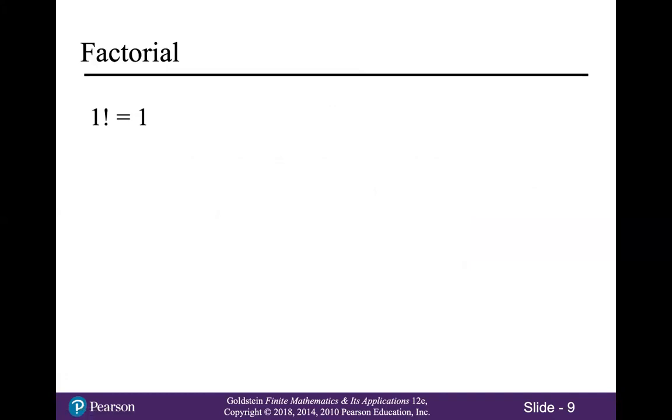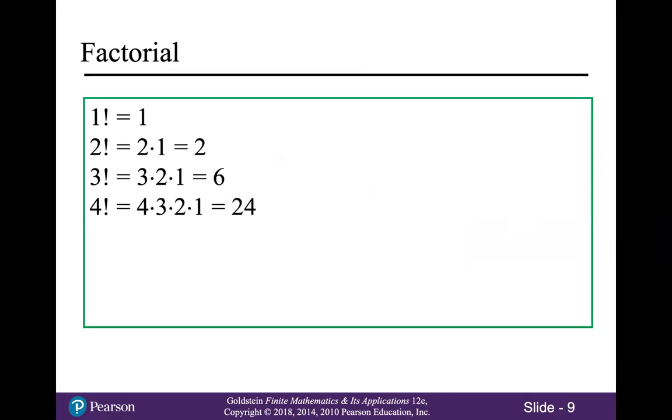So now they're going to introduce factorials, which will give us a more compact way of writing the formula, and also the formula for combinations is coming up. So 1 factorial is equal to 1. 2 factorial is equal to 2 times 1, which is 2. And in general, n factorial means start with the number n and multiply by every smaller number until you get to 1.